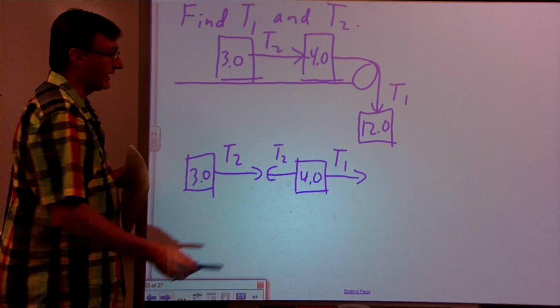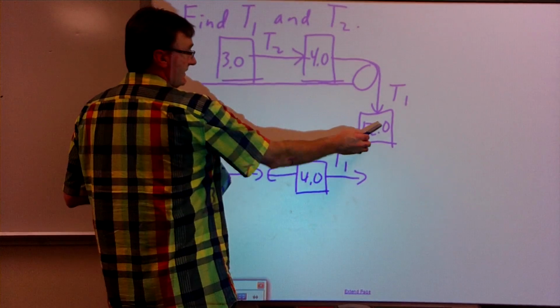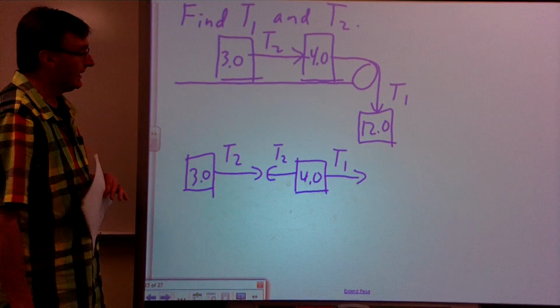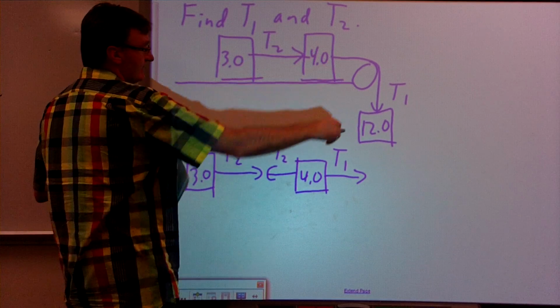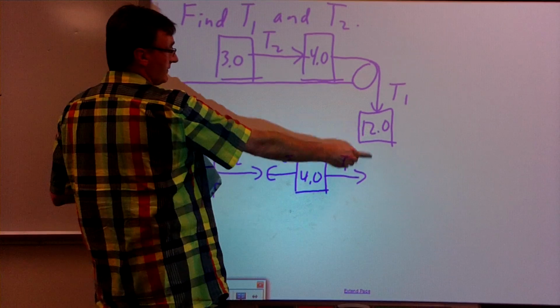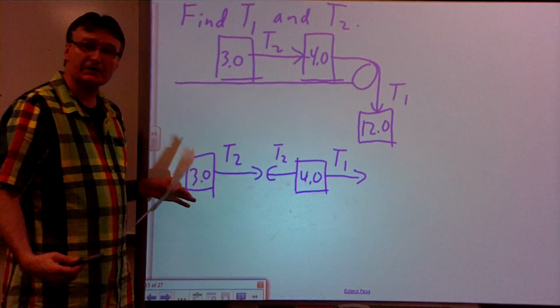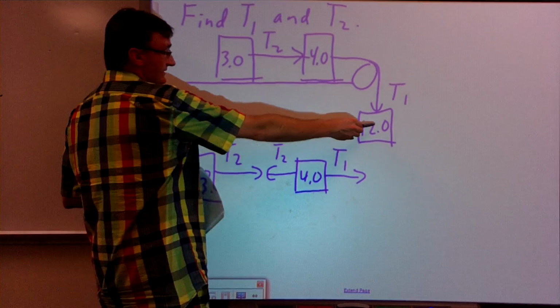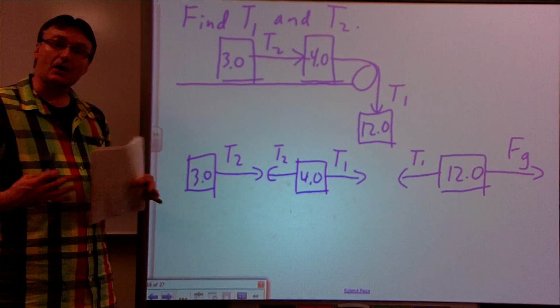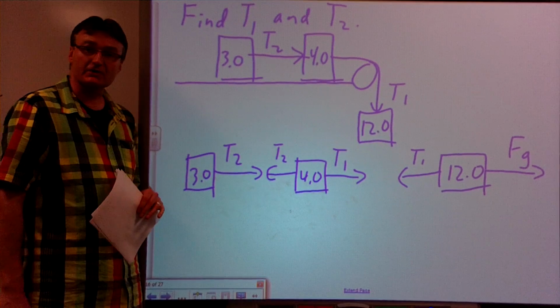Now, here's another trick for something like this. This, obviously, is being affected by the force of gravity, but it's in a different alignment from the rest of them. You might say this is in the y direction and these are in the x direction. Well, guess what? You can just put this one in the x direction, as long as you have all of the forces on there.